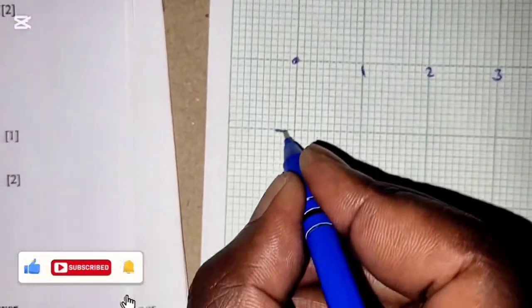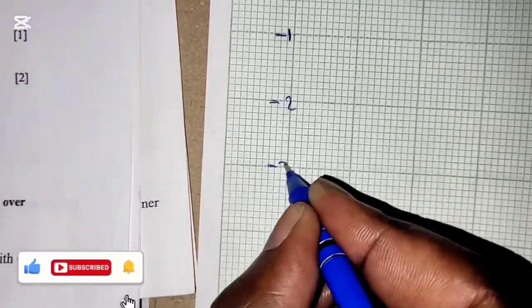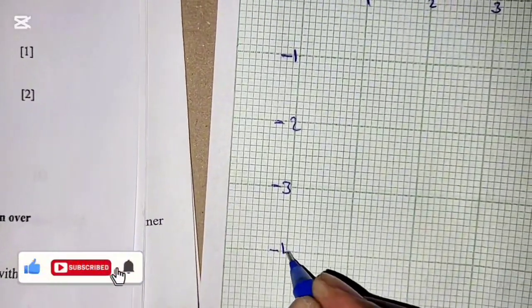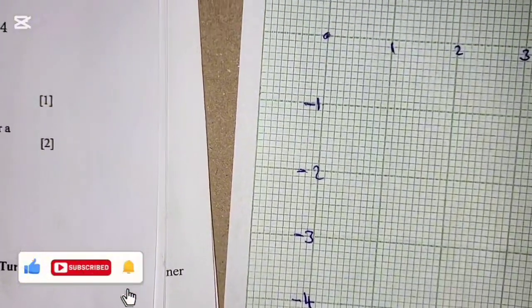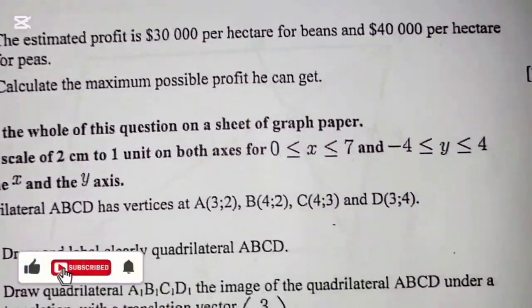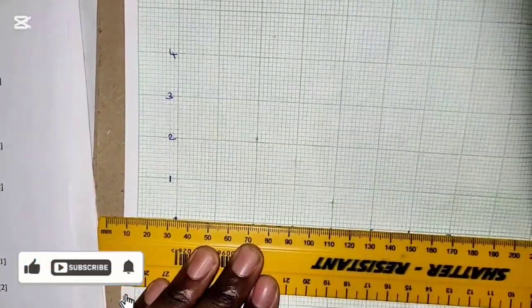Then in the negative region, negative 1, negative 2, negative 3 to negative 4. Okay, so that's our scale. Now I'm going to draw the lines.